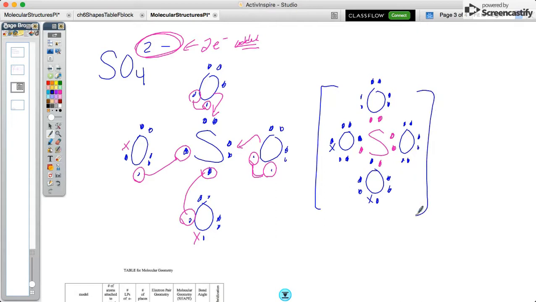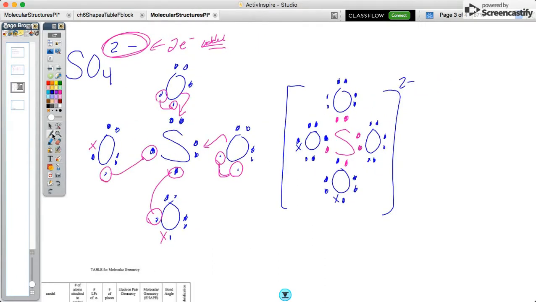Chemically speaking, just like we saw with the NH4 plus, those bonds are identical. So what we really see is sulfur making 4 single bonds. I've got my 4 oxygens all with 3 lone pairs. Make sure you're showing all of your lone pairs.